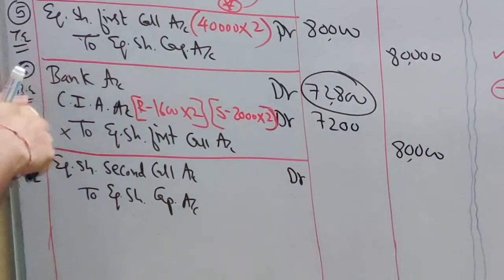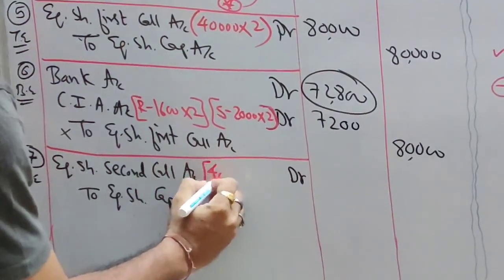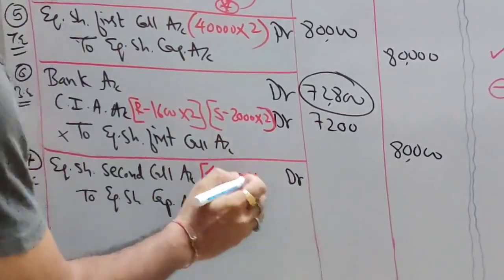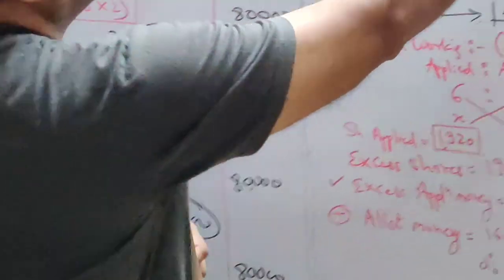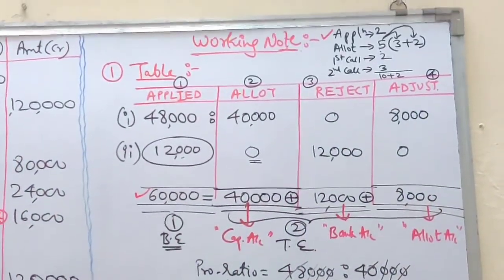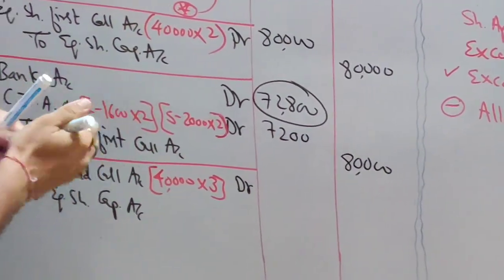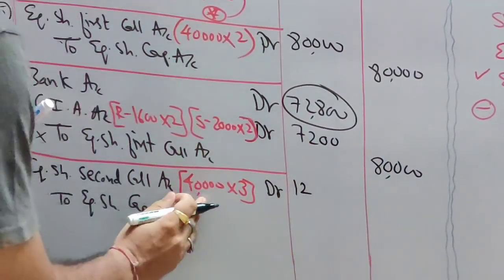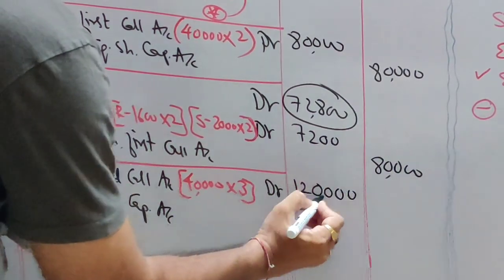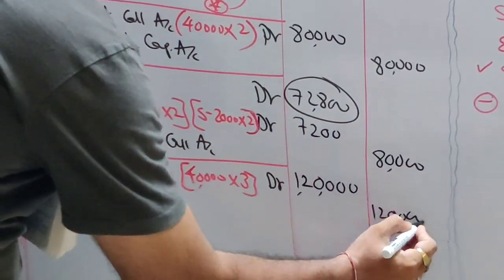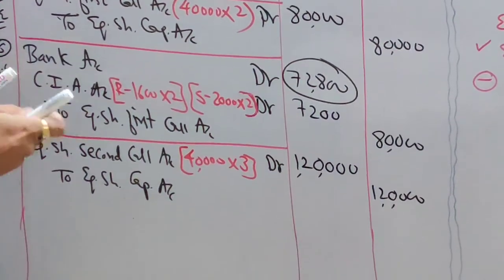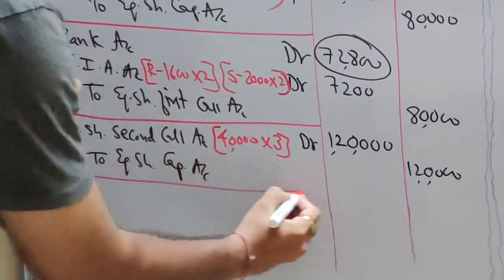Let's write down the working note. How many shares did we allot? 40,000. How much are we asking in the second call? We are asking 3 rupees. So into 3, 4 3s are 12, 4 zeros, 1 lakh 20. So this we are asking at the time of the second call.